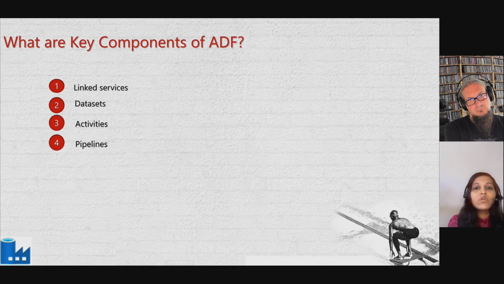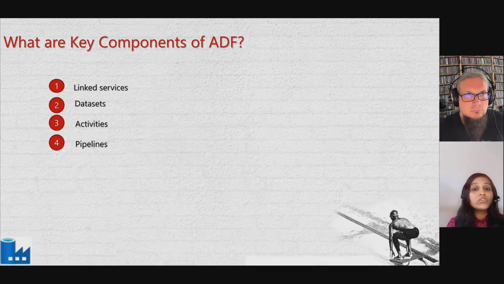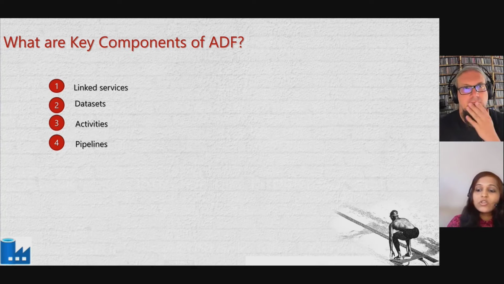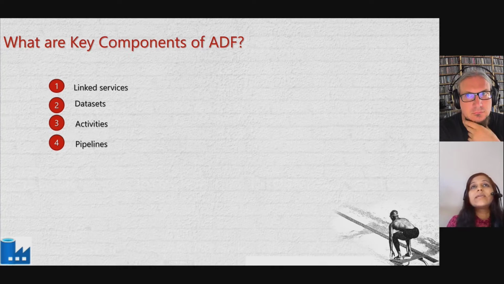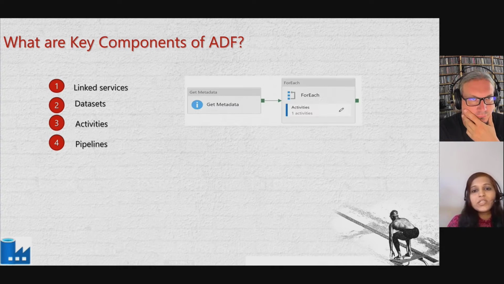Next one is pipelines. A pipeline is a logical group of your activities. So it has sequential or parallel steps which achieve the outputs. Your pipeline can have one component and another component, and the output of one component can be the input of another, and they can be in parallel or sequential.